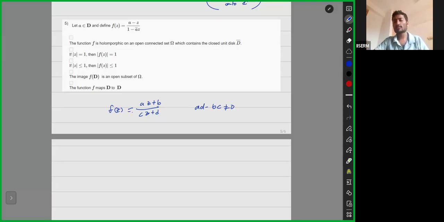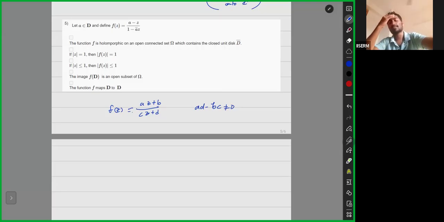We're going to see the same things again, so we'll prove them all. Maybe correct or incorrect, I think most of them are correct. F is holomorphic on an open connected set which contains the closed unit disk.